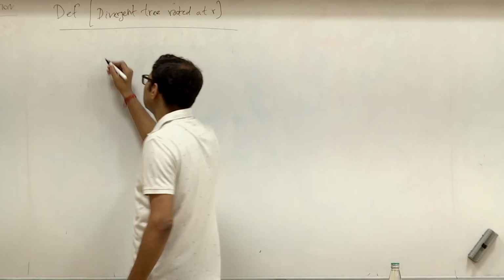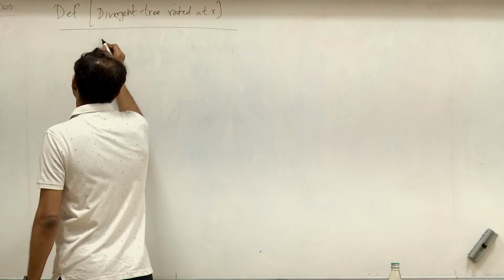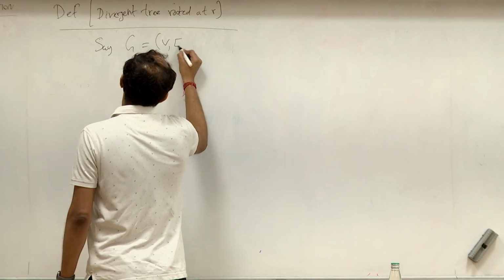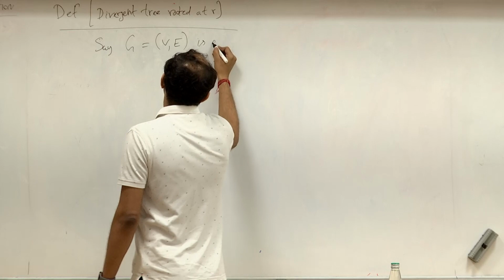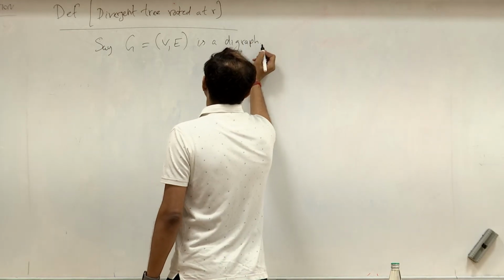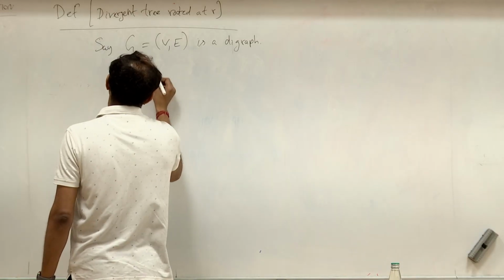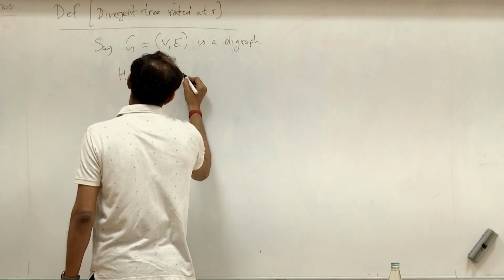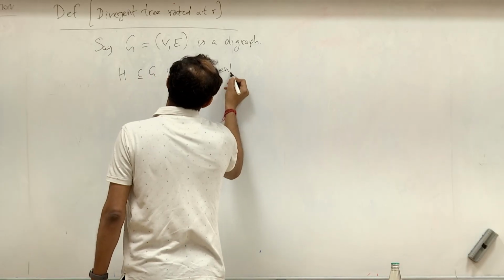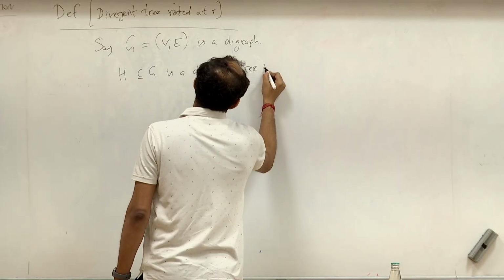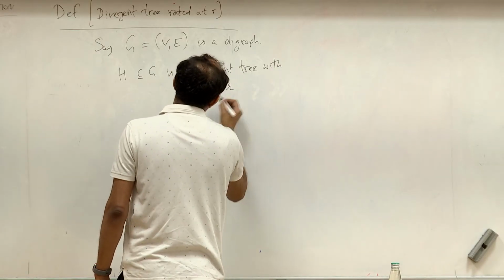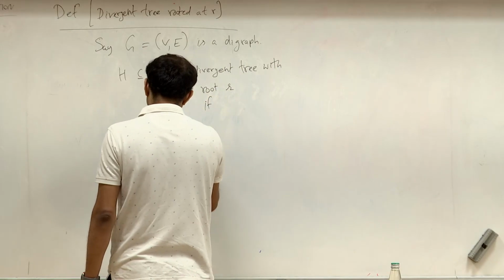The way I would say that is that, say, G is a directed graph. I will use the shorthand digraph. A collection of edges is a divergent tree with root R if the following conditions hold.